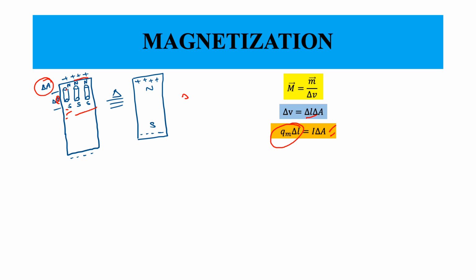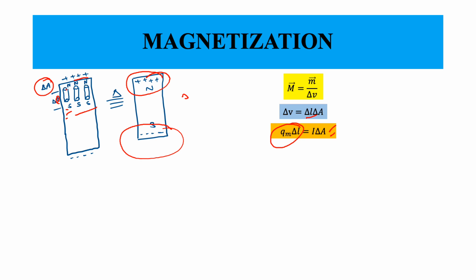When you look at lots of tiny magnets inside a magnetic material, the north and south poles essentially cancel each other, and what you are left with is a big dipole, with all the fictitious positive charges at the top and all the negative charges at the bottom. The top charges are the north pole and the bottom charges are the south pole.